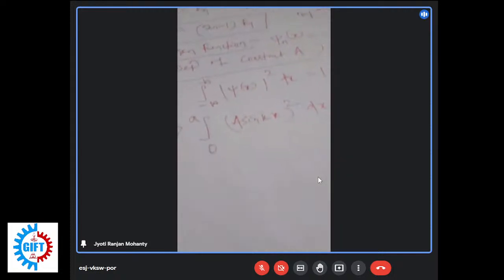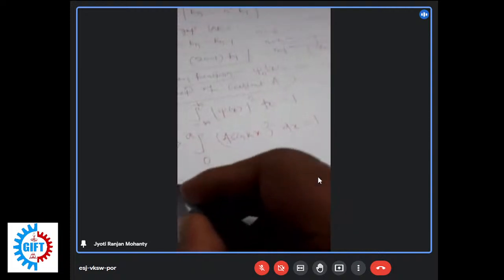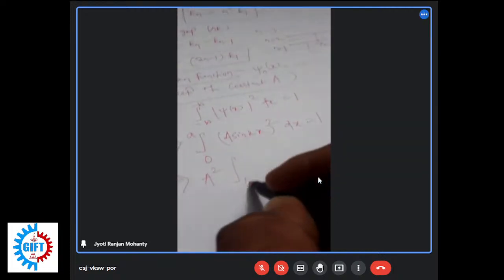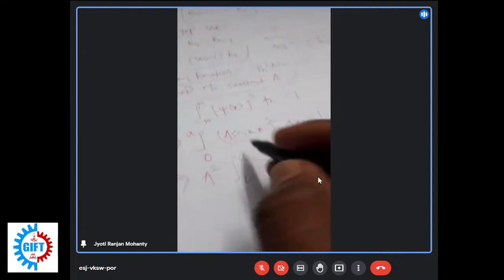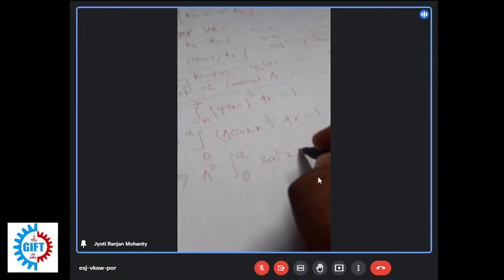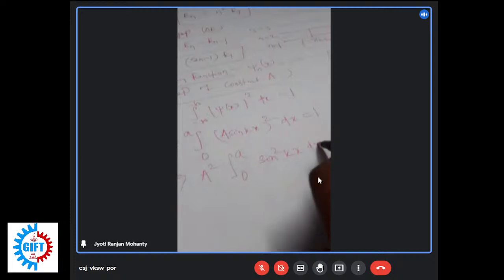You know the integration, everybody. So I am doing just one step. A square, taking outside, integral from 0 to a of sin square kx dx is equal to 1.